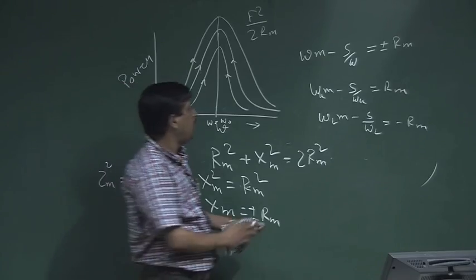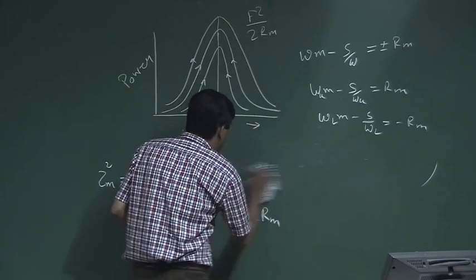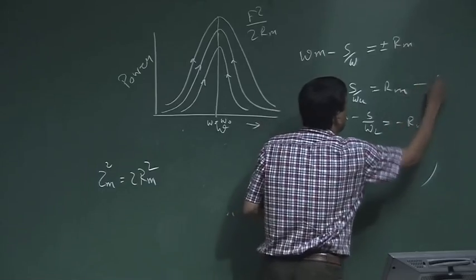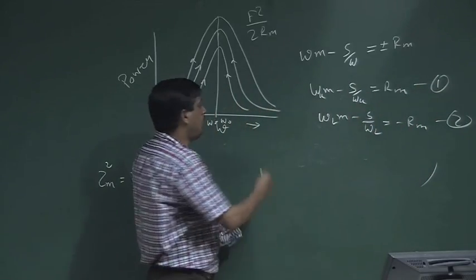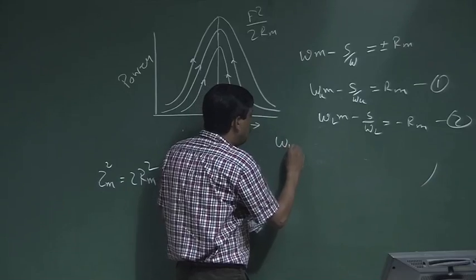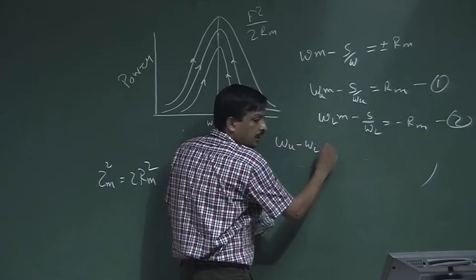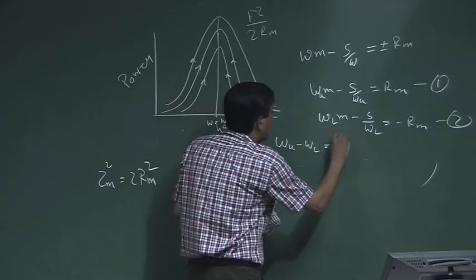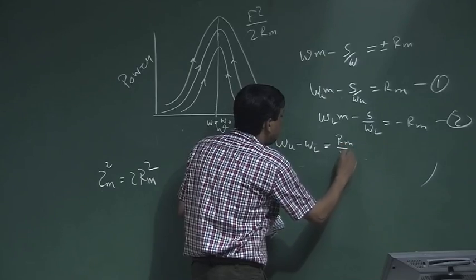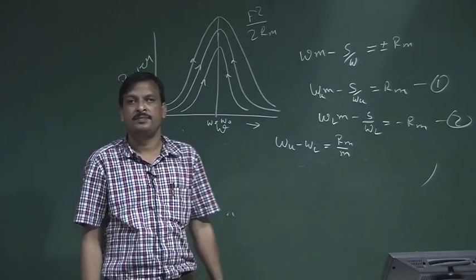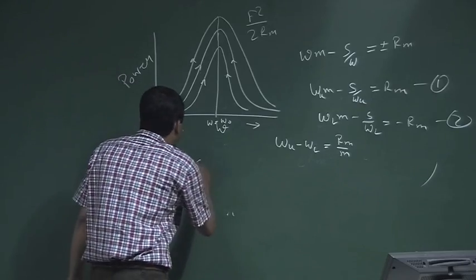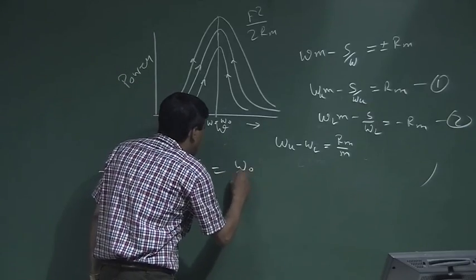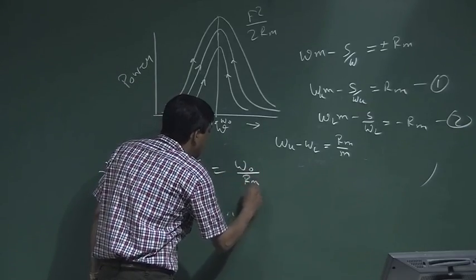Now, these are equation number 1 and equation number 2. If I substitute and eliminate S, I get omega u minus omega L is equal to Rm by m. Then the quality factor is nothing but omega 0 divided by Rm by m.